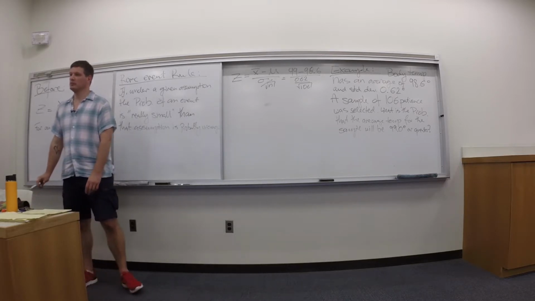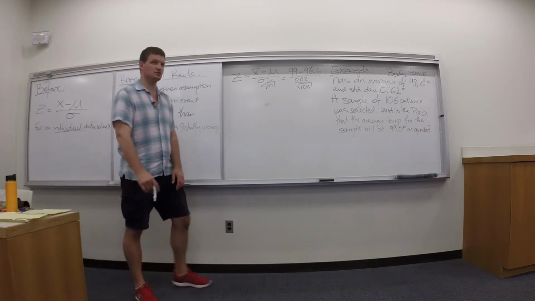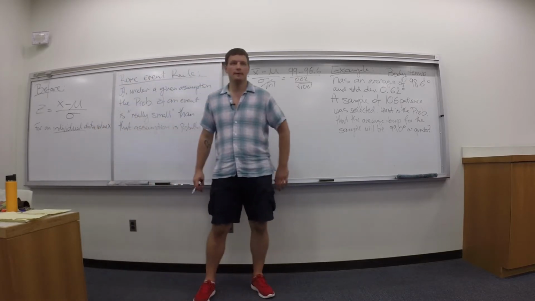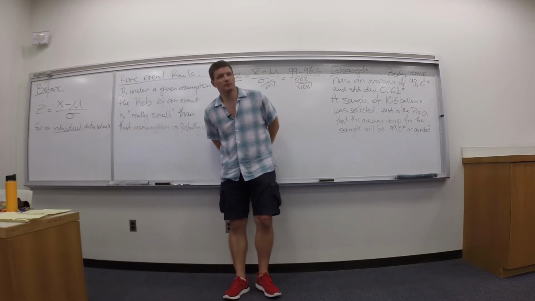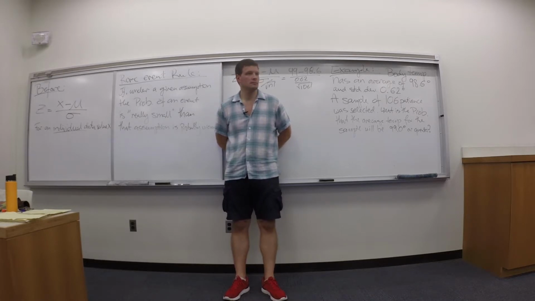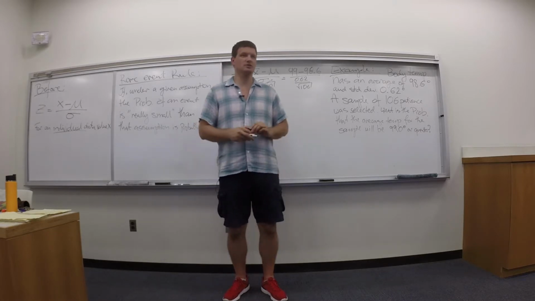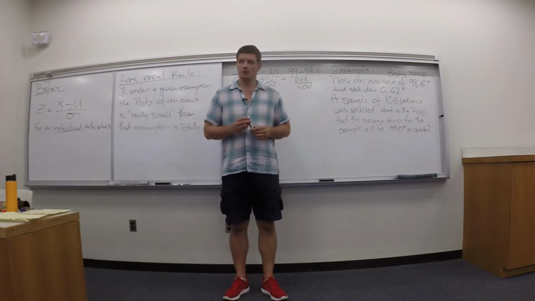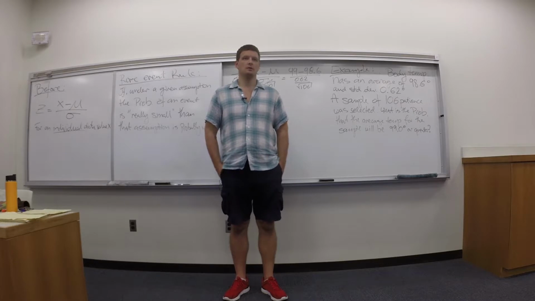Are we worried that the patient's temperature is normally distributed, or are we not worried? Everybody's on the calculators. Guys, conditions. Should we worry if the patient's temperature is normally distributed or not?